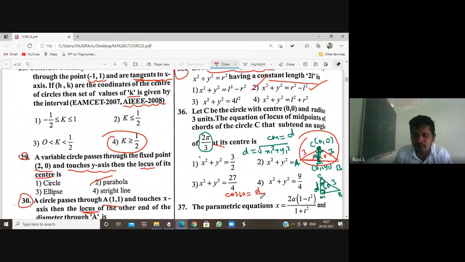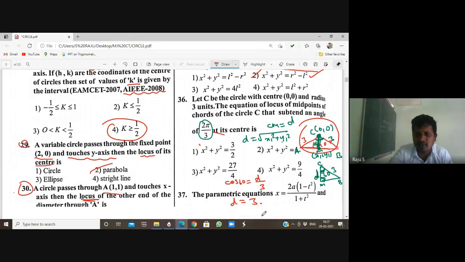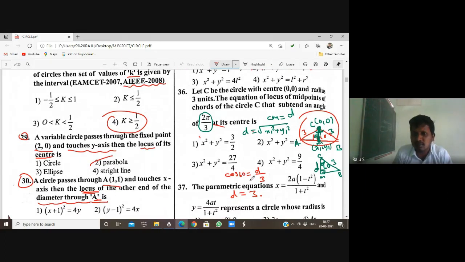Cos 60 is d by 3. So d is equal to 3 into cos 60. What is cos 60? It is 1 by 2. So d value is 3 by 2.